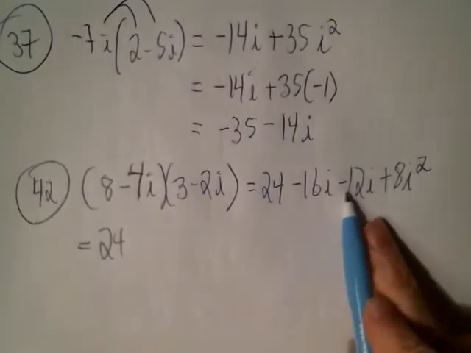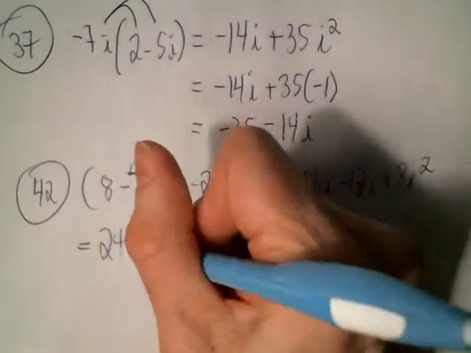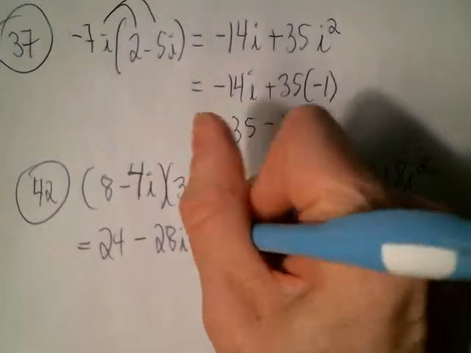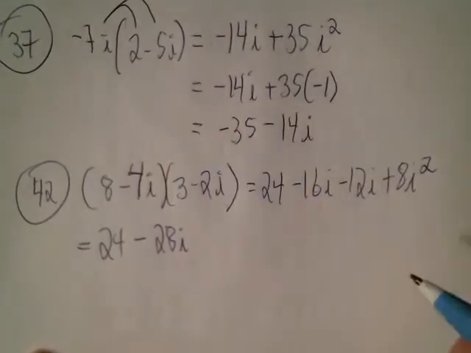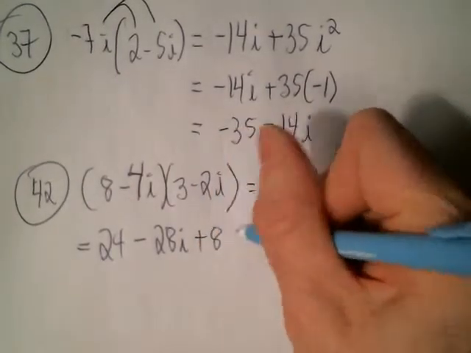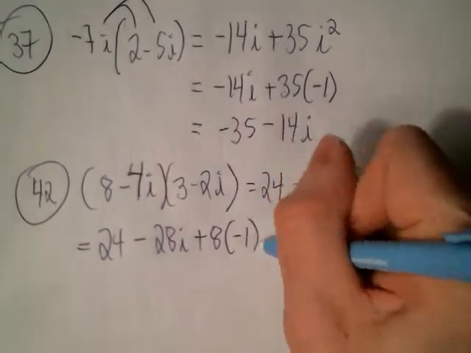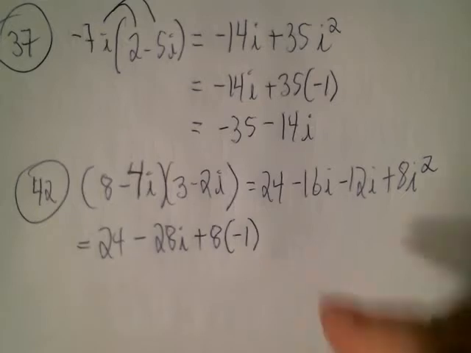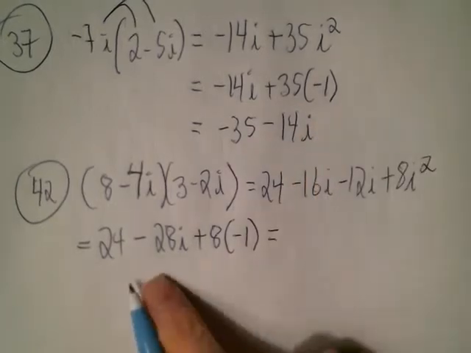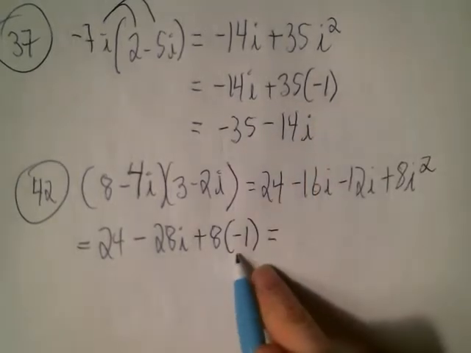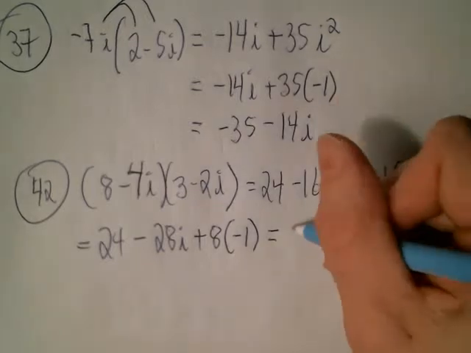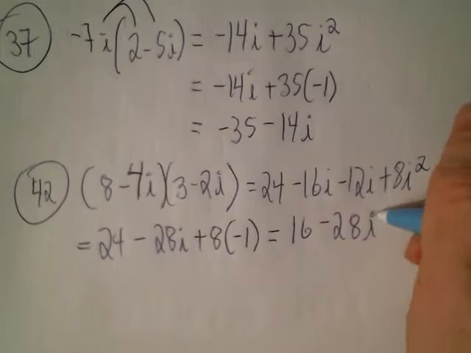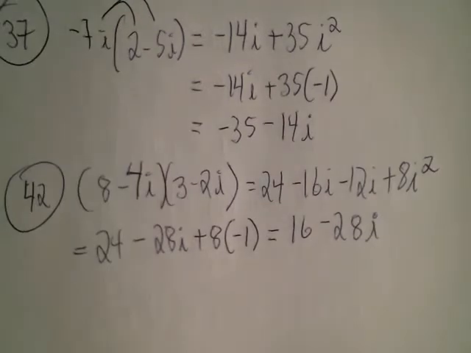I have -16i plus -12i, so that'll give me minus 28i. And then plus 8 times i squared. i squared is -1, so replace it with -1. Okay. 24 plus -8 will give me 16. And that's my answer.